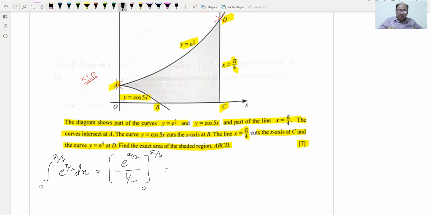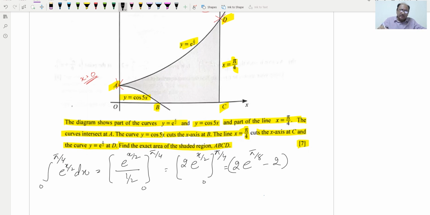If we rewrite, this will be 2 e raised to x by 2 from 0 to pi by 4, which equals 2 e raised to the power pi by 8, minus, when we replace the lower limit, e raised to 0 is 1, so 2. And this will be our value of the integral.